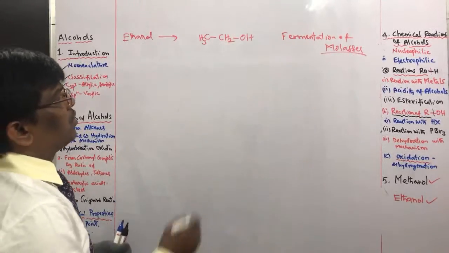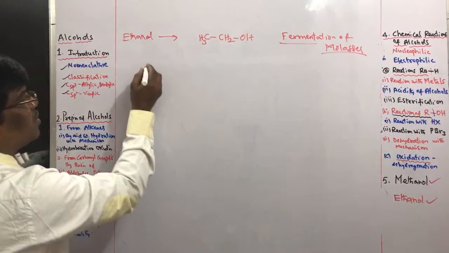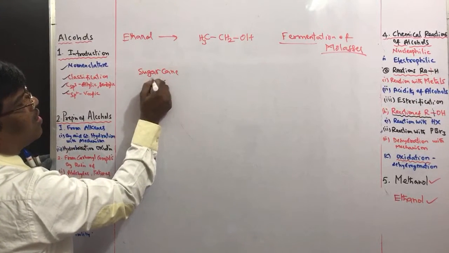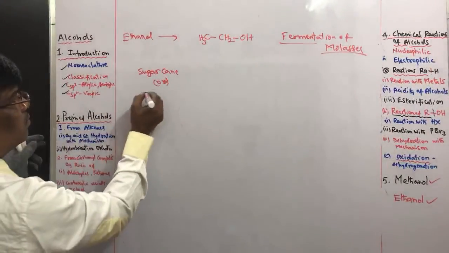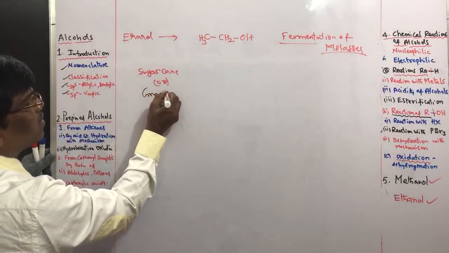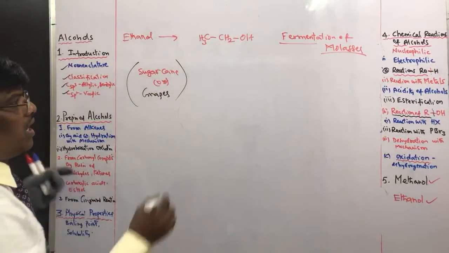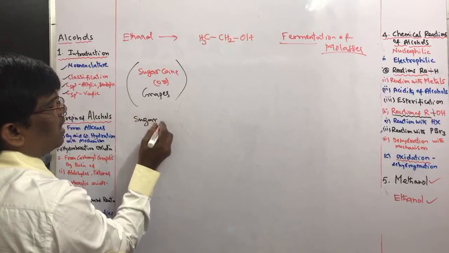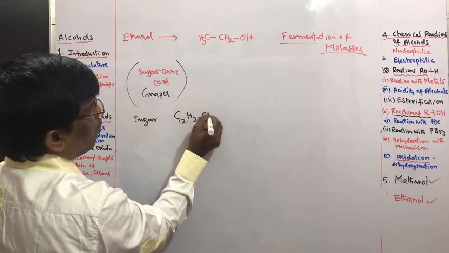During sugar extraction from sugar cane or grapes or fruits, grapes will have sugars, right? What is the sugar formula? Sugar is C12H22O11.